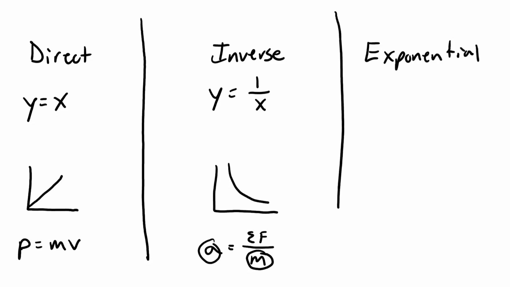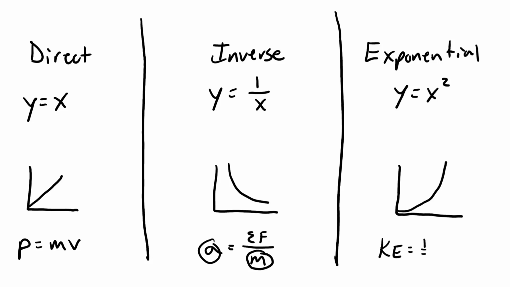And for exponential, you probably know what it looks like. y is equal to x squared. The graph would look like half a parabola. And an example of this might be kinetic energy is equal to 1/2 mv squared. Now again, for kinetic energy, mass is directly related to kinetic energy, but as you can see, because of the exponent, velocity is exponentially related to the kinetic energy.